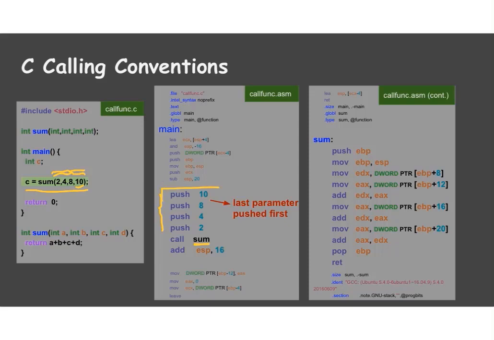So this one is pushed first onto the stack, and then the next one, and so on until we move to value 2 here, and this is going to be the last one. Then we have our call assembly instruction, where we move to this label at this point.